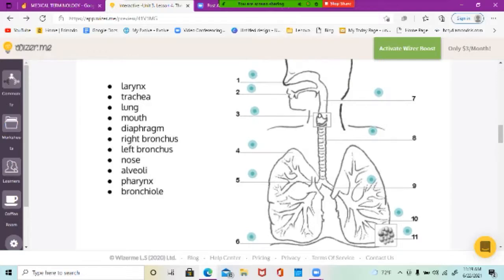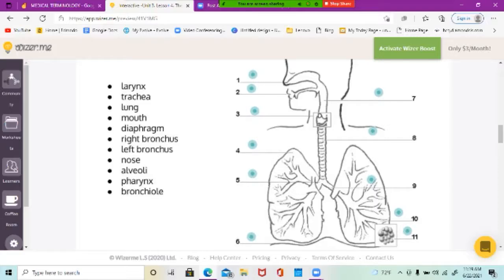If we look in the respiratory part of our CPT, that's going to be our pharynx. If you look on page 212, there's a little diagram in your CPT. So that's going to be our pharynx.